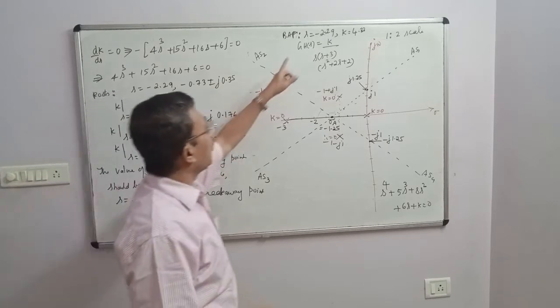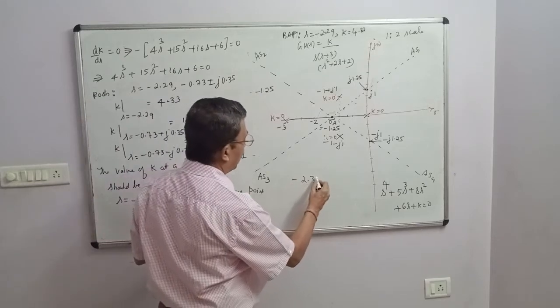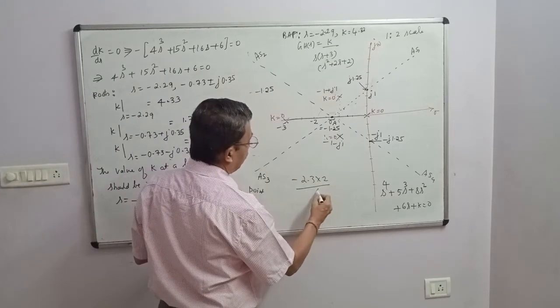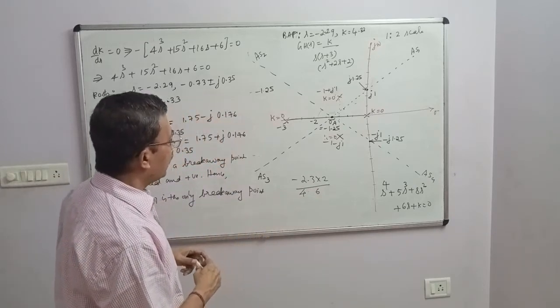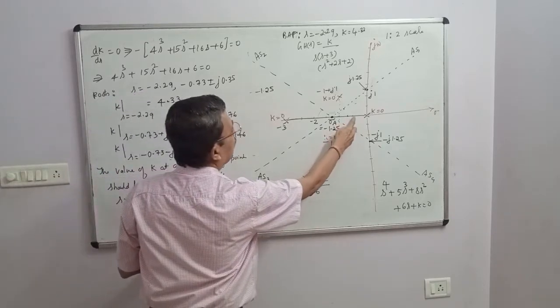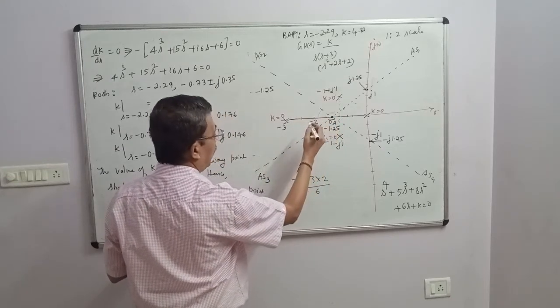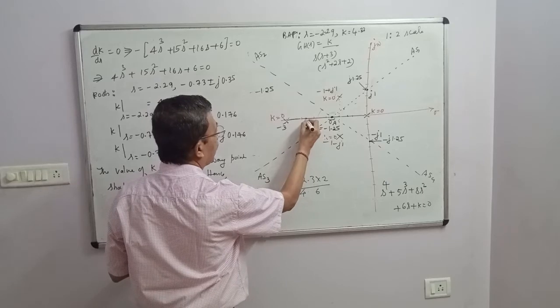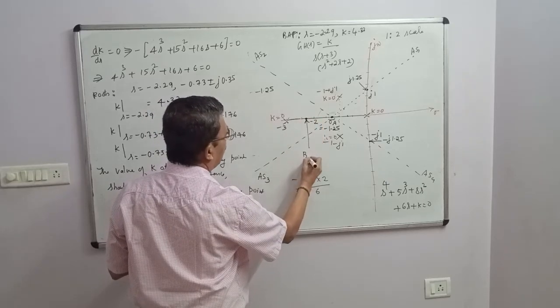Minus 2.29, approximately take it as minus 2.3. So minus 2.3 into 2 is 4.6. So 4.6 divisions. This is 1 division, 2, 3, 4, this is 5. This is 4.6 divisions. Correct. This point is the breakaway point.